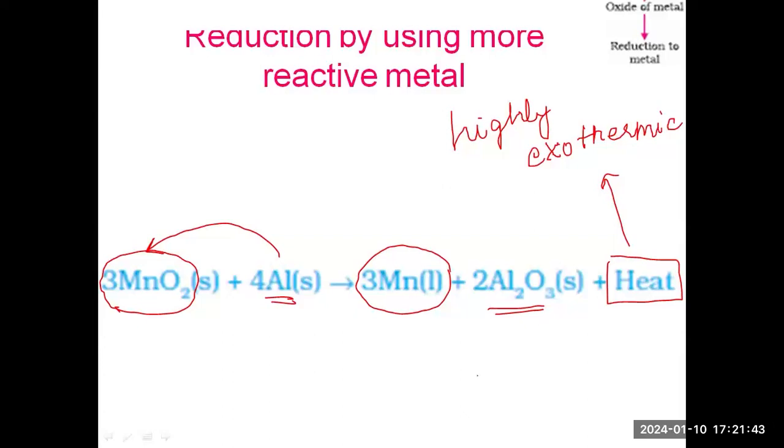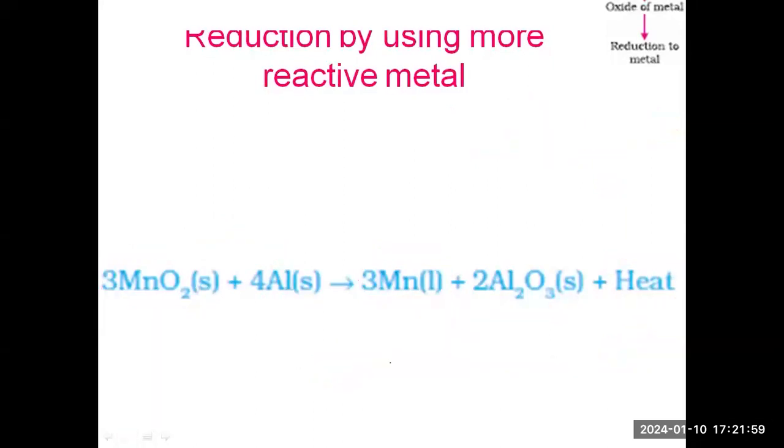Now this heat is enough to melt the metal. This manganese which is produced here is in molten form, because the heat produced here was enough to melt it. So this is the characteristic feature of this reaction, right?